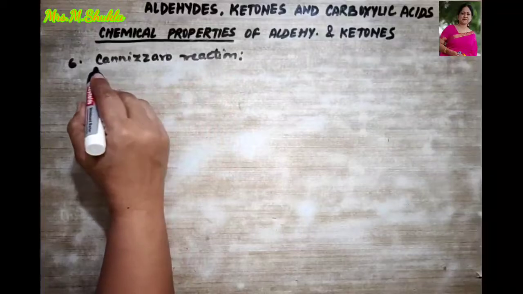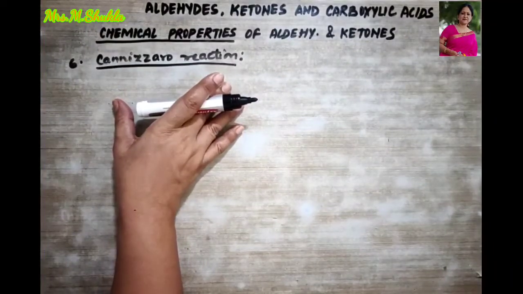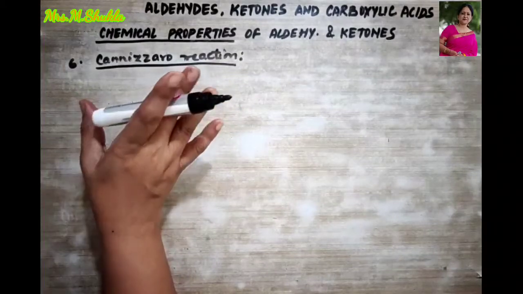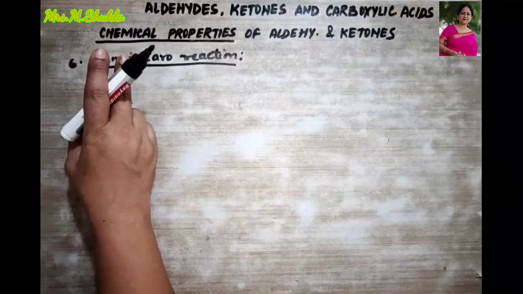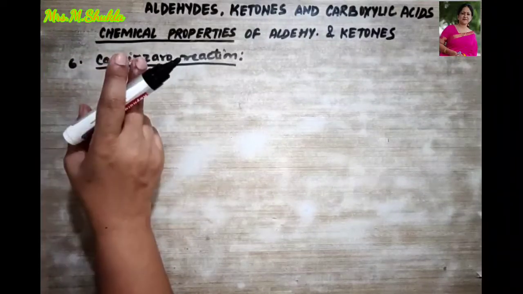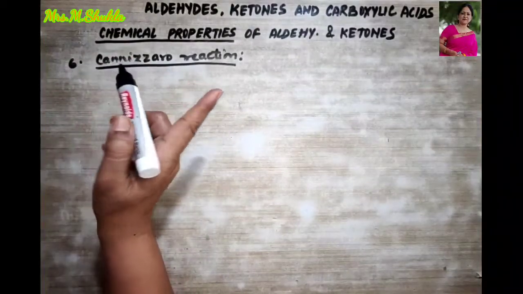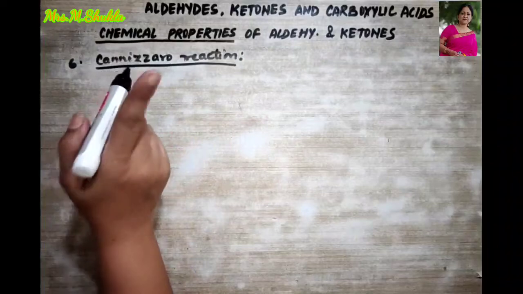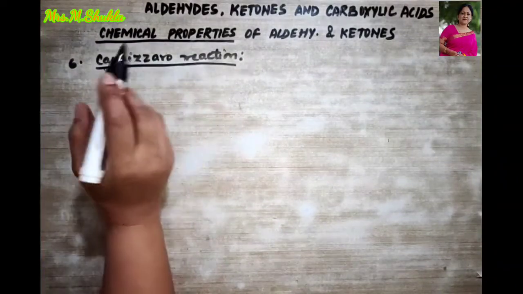Then it is called a Cannizzaro reaction. Once again I repeat, when aldehydes which lack alpha hydrogen disproportionate in the presence of a strong base and form a primary alcohol along with a salt of an acid, it is called a Cannizzaro reaction.